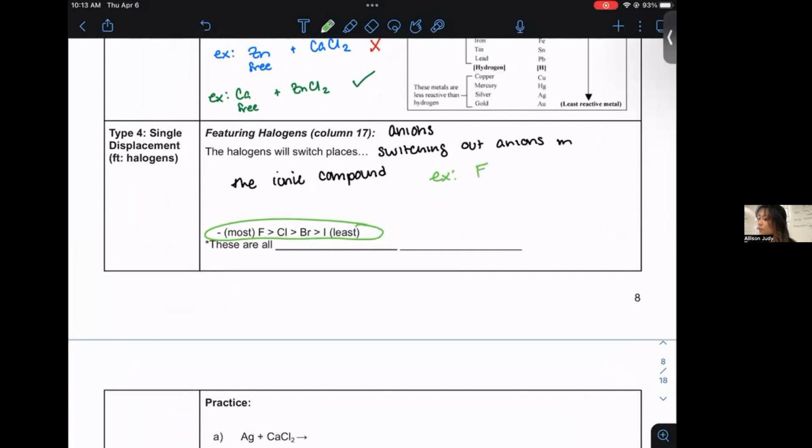That means if you see pure diatomic fluorine and, let's do magnesium chloride, you're totally going to see the switch take place because fluorine is going to be the free element that's highly reactive. So it's going to kick out the chlorine. So what we're going to see is that this now becomes magnesium fluoride.